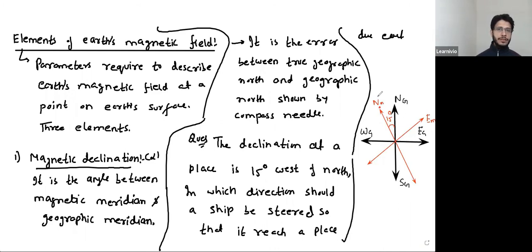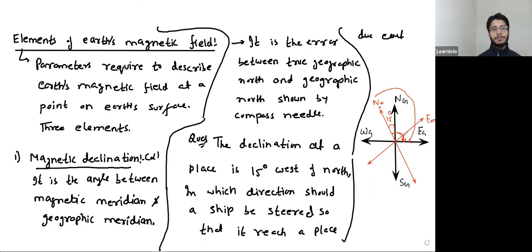Now, can you tell me at what angle you should steer this ship so that it reaches this east? You will steer your ship at this angle, from here to here. At this angle you will rotate your ship.